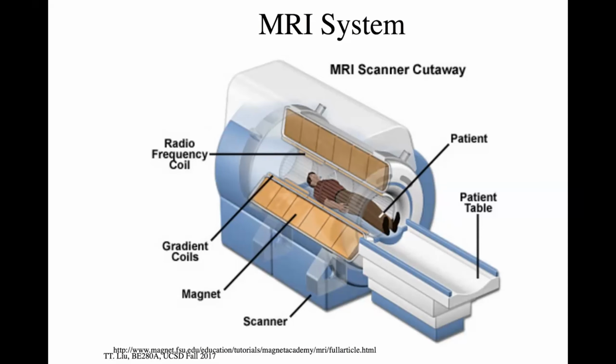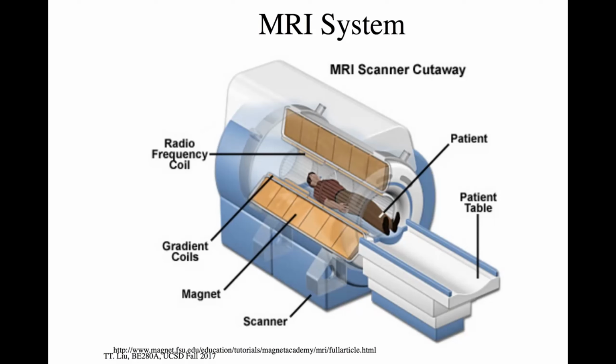These are high power radio frequency antennas that transmit the RF into the patient. The frequency of transmission for MR scanners ranges considerably, from under a megahertz all the way up to 400 megahertz.